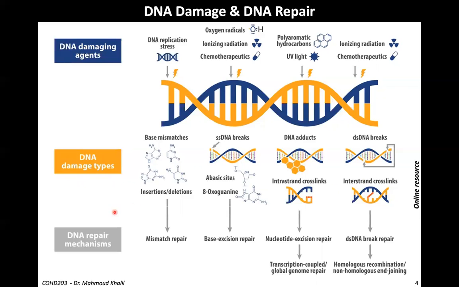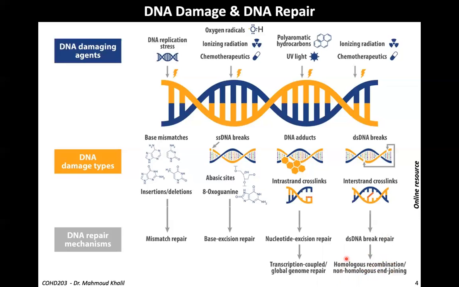So here, the cells have evolved DNA repair systems to deal with every single type of DNA damage, including mismatch repair, base excision repair, and nucleotide excision repair, as an example, the transcription-coupled repair and the global genome repair, as well as the double-strand DNA break repair, examples of which are homologous recombination and non-homologous end joining repair systems.